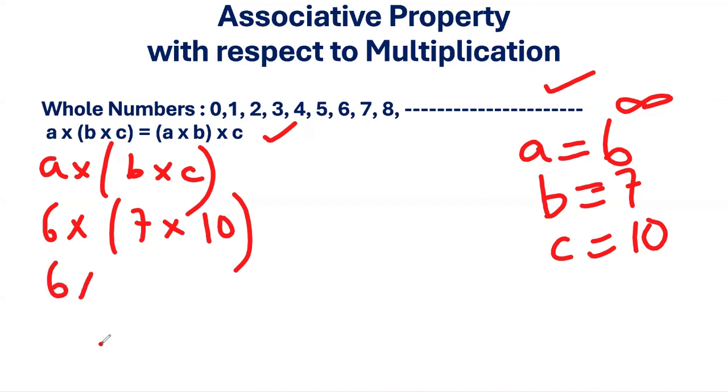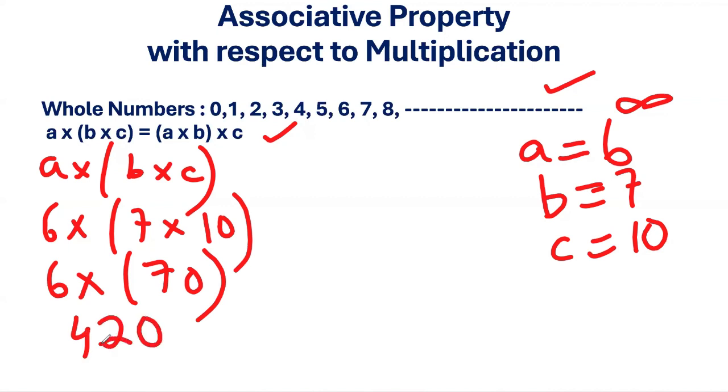Brackets to be solved first. 7 multiplied by 10 is 70. Now 6 multiplied by 70, 420.